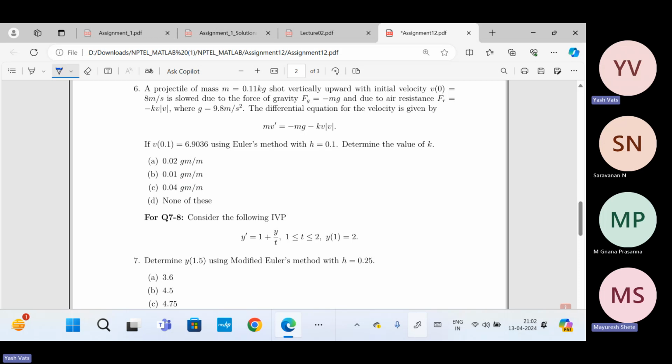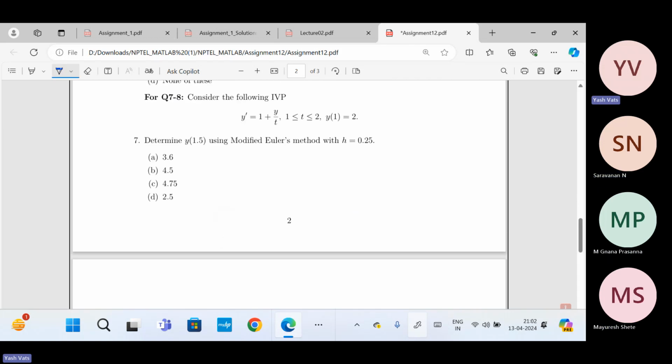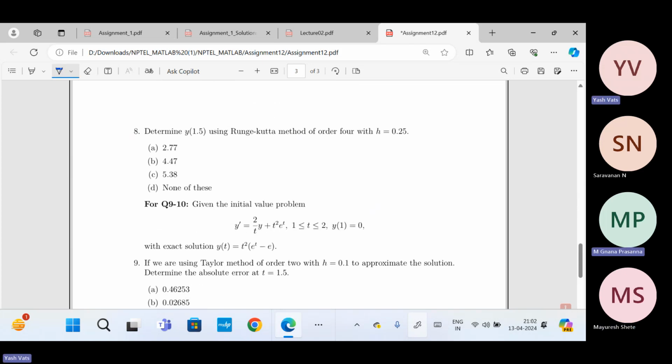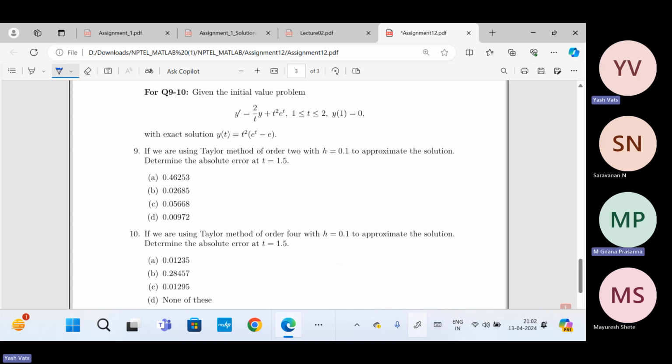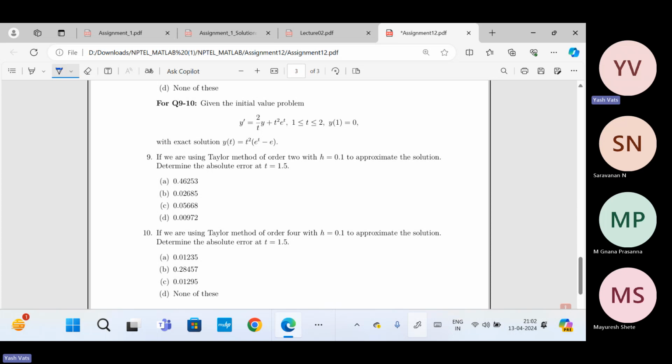We don't have much time. I want to discuss some other methods. I just discussed the modified Euler methods and the RK method. Let me discuss questions 9 and 10. For questions 9 and 10, you know the exact solution, right?